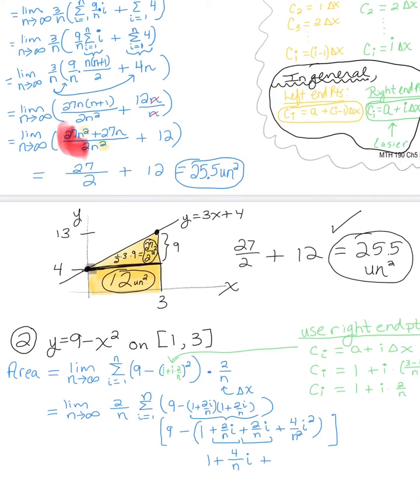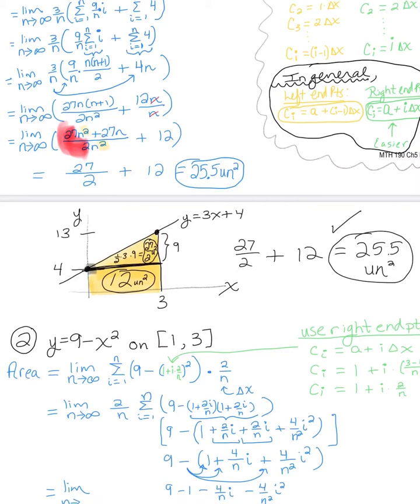So here's what that binomial multiplied out becomes. And then we now have minus that quantity. So we're going to need to distribute that negative through to all three terms. So 9 minus 1 minus 4 over n i minus 4 over n squared i squared.